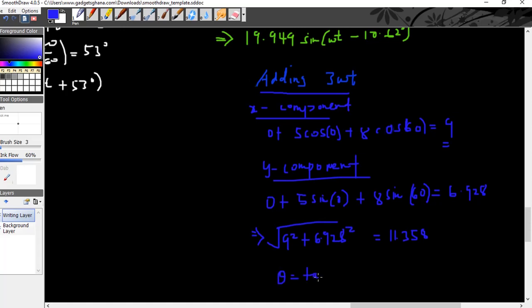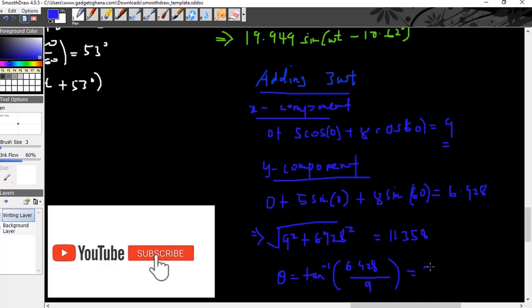We have tan inverse of 6.928 divided by 9, right? This 9, and then our final answer will be 37.59.